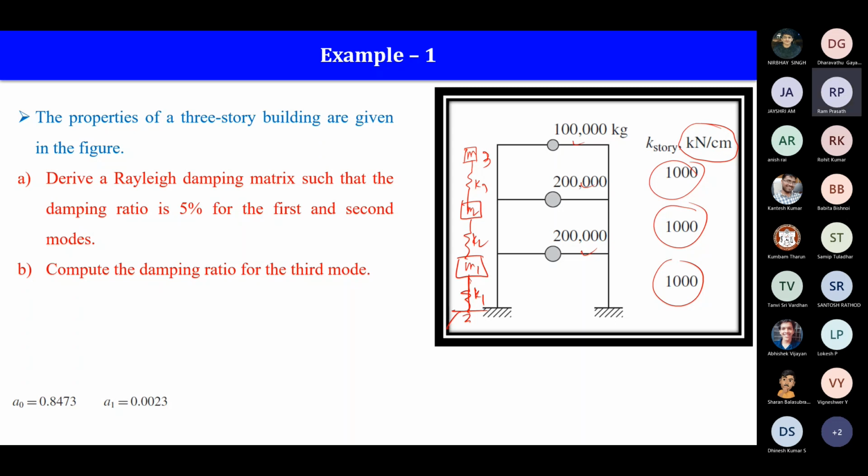I got point 847. No, please take more decimal places for accuracy. Okay, sir. Zeta will be 6% approximately. This is the C matrix you got? C matrix I didn't calculate, sir. So calculate and check it. Be careful about the unit written here.